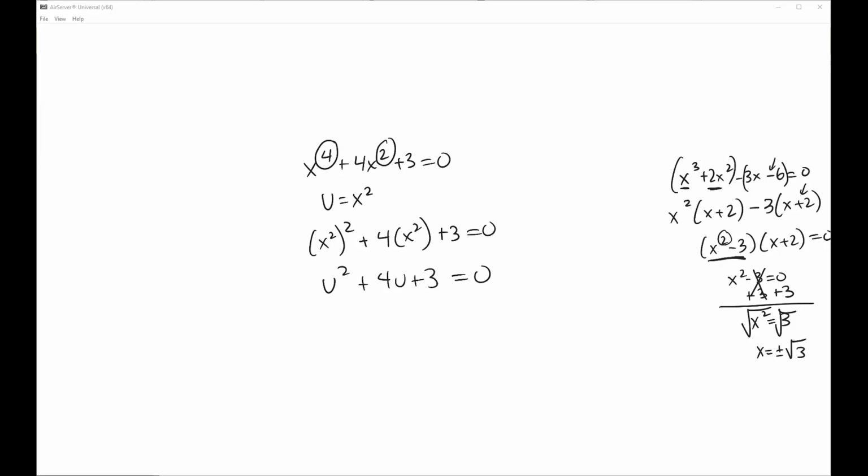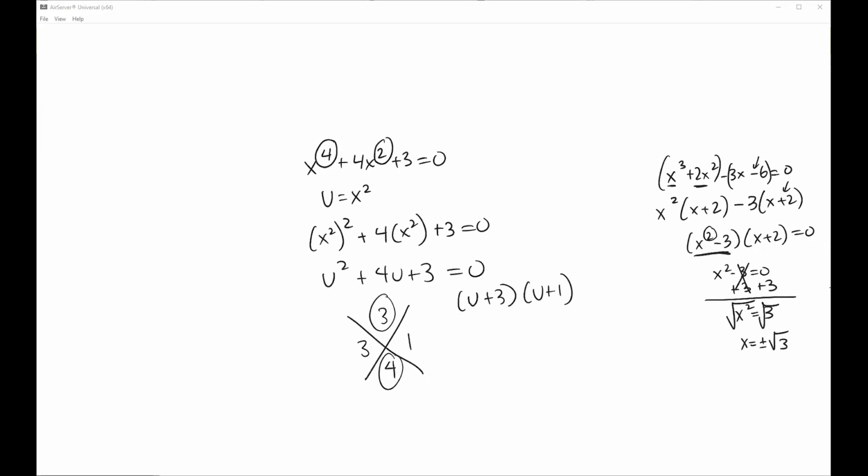And the reason why we're doing that is so that we could use all the quadratic methods to solve this problem. So it'll be 3 and 4, right? The 3 goes up here, the 4 goes down here, so it'll be 3 and 1. So it will be u plus 3 and u plus 1.